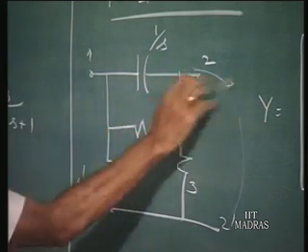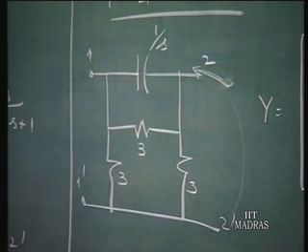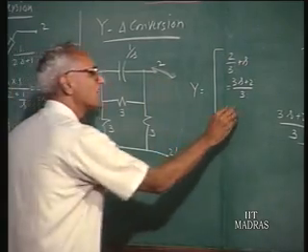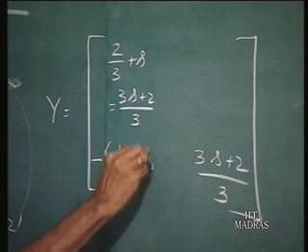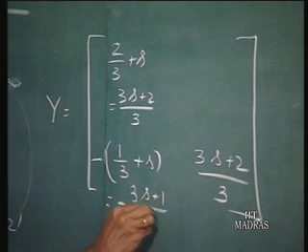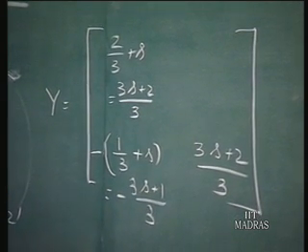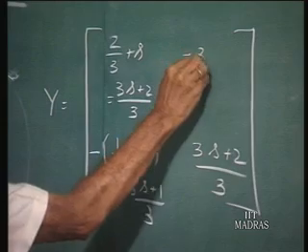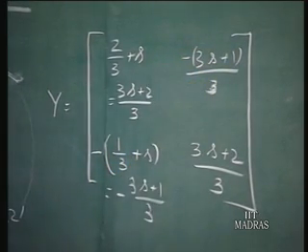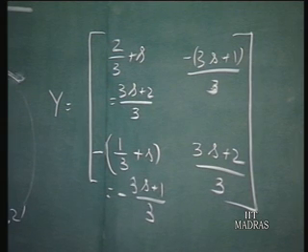But our port reference is in this direction. The current will be measured always with this reference sign. Therefore, we must put a negative sign out in front. So Y21 will be minus of 1/3 plus S. That will be minus of S plus 1/3. And Y12 likewise will be minus S plus 1/3. That will be the short circuit transfer admittance Y12.